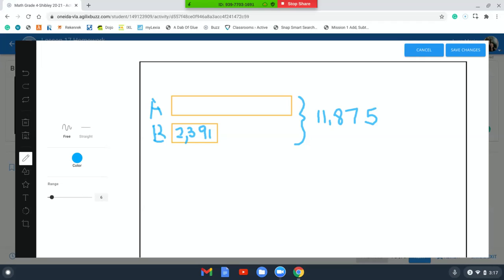Okay, so my first step is to figure out how much container A holds.